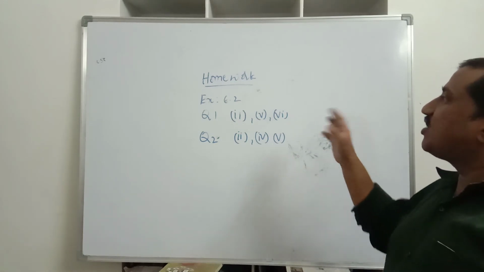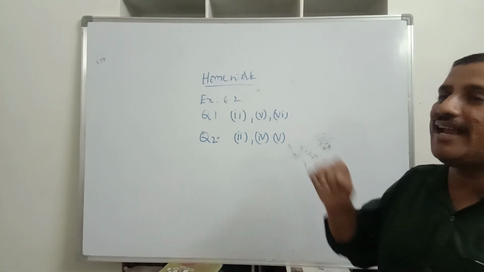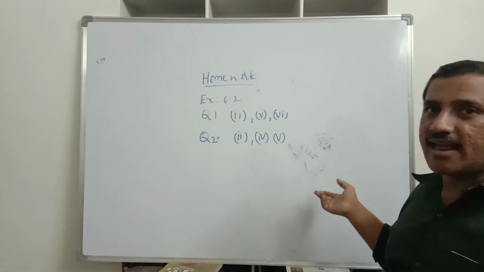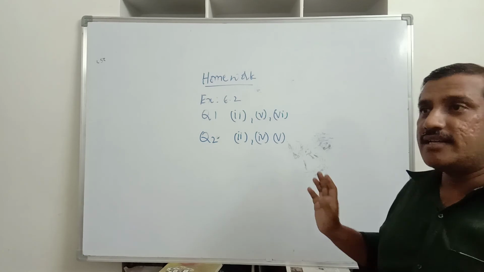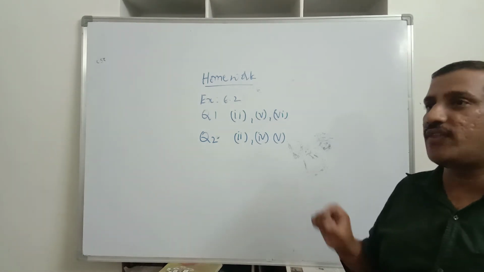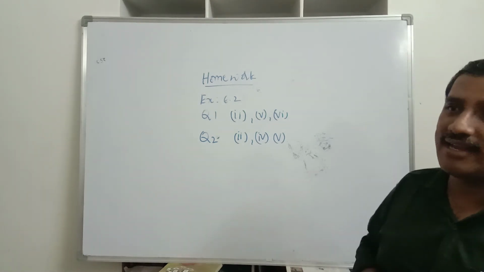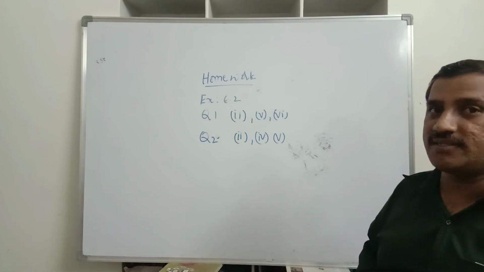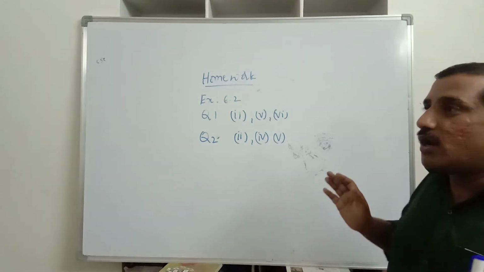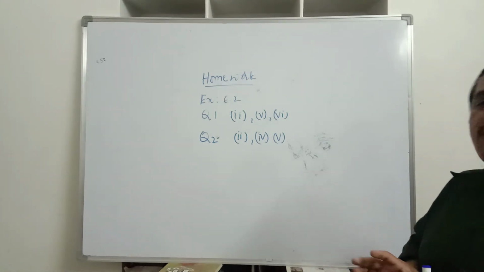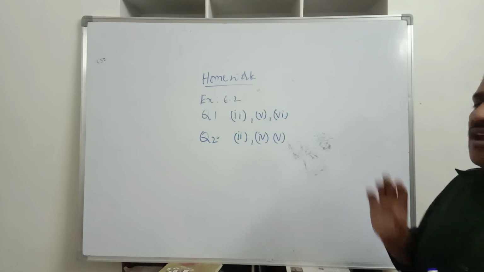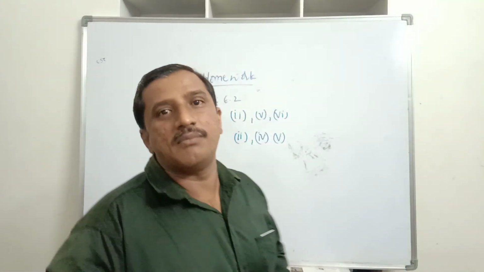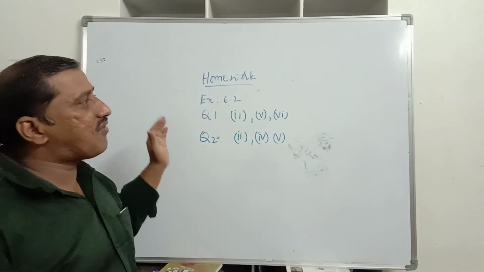Now what is the relationship between the exterior angle and the interior angles of a triangle? We have three interior angles. The angle just beside the exterior angle is known as the adjacent angle. The remaining two angles are known as interior opposite angles. The relation between them is known as the exterior angle property of a triangle.